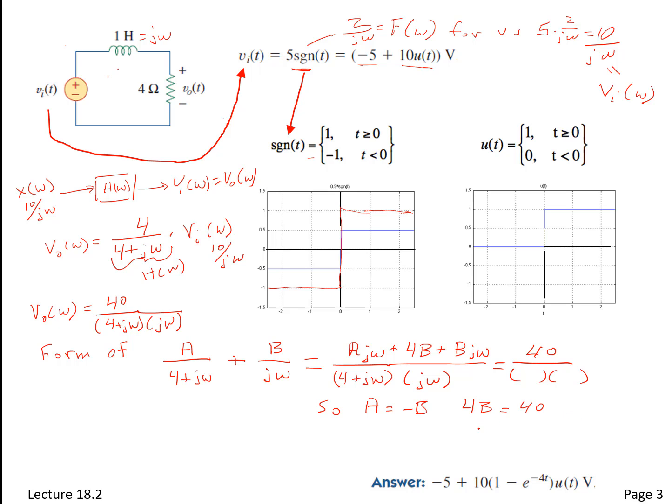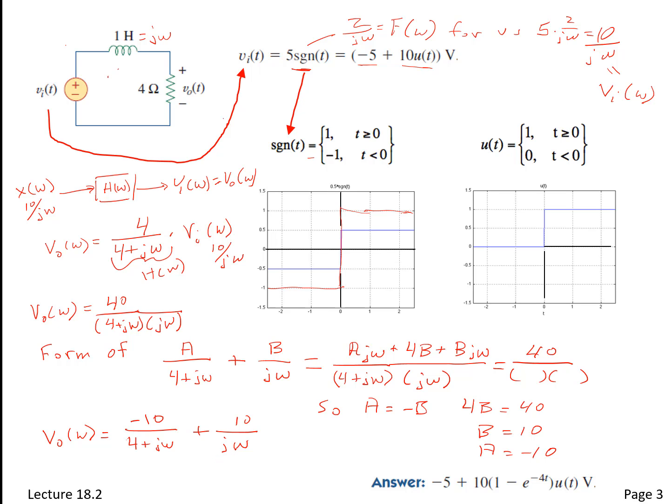All right, so B equals 10, and A equals minus 10. And we now have V out of omega equal to minus 10 over 4 plus j omega plus 10 over j omega, right?